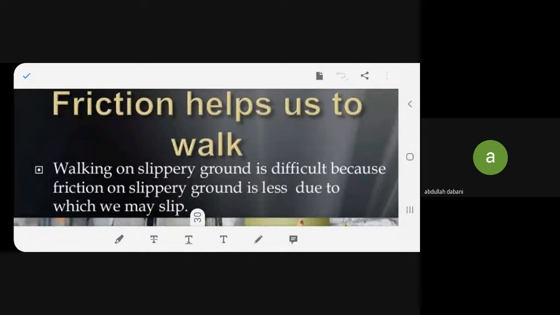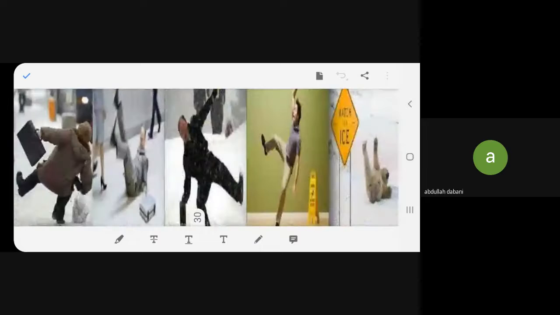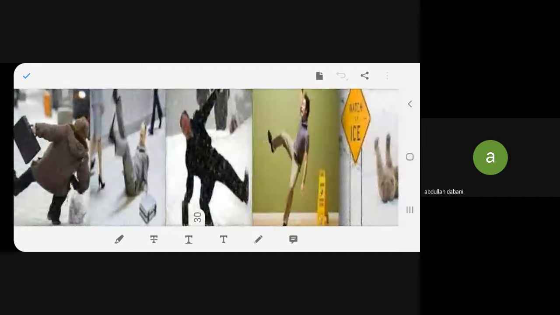Walking on slippery ground is difficult because friction on slippery ground is less, due to which we may slip. Okay, see over here. You see this? People falling. If the ground is slippery, for example, there's water spillage. If it has been cleaned very recently and you do not know, and you try to walk after mopping, you may fall.